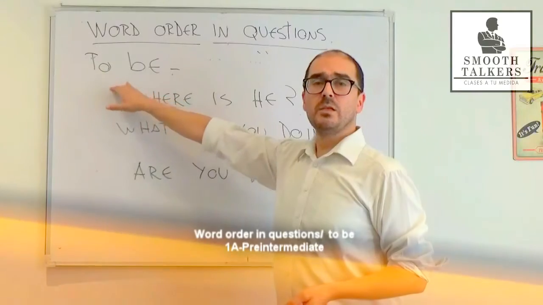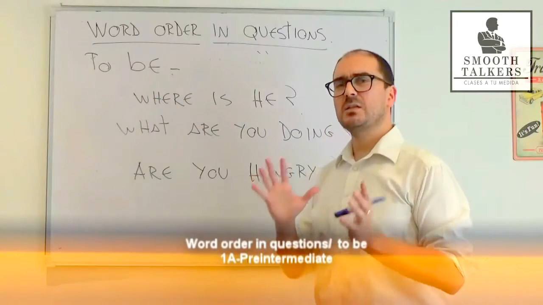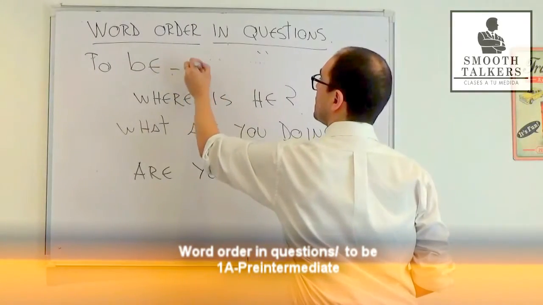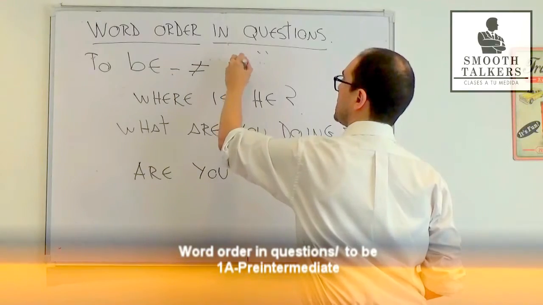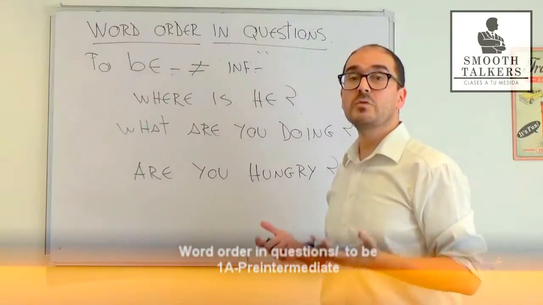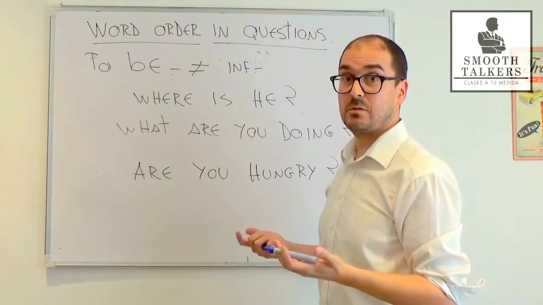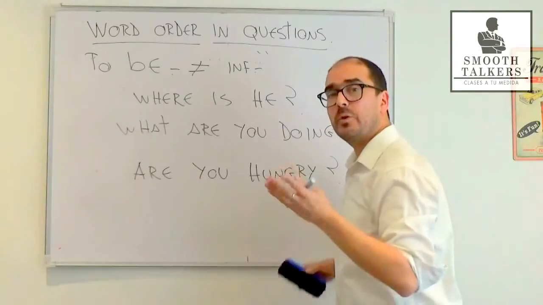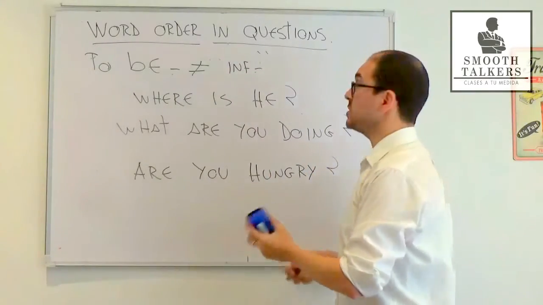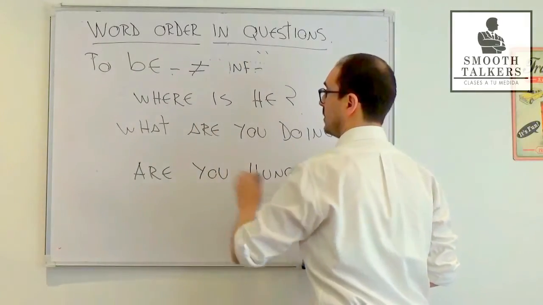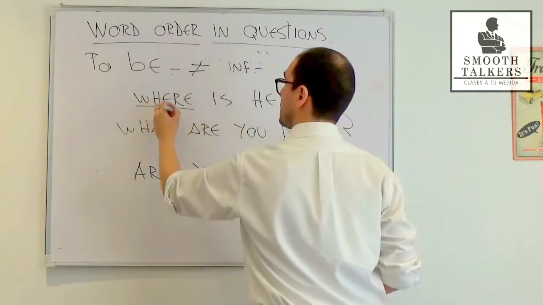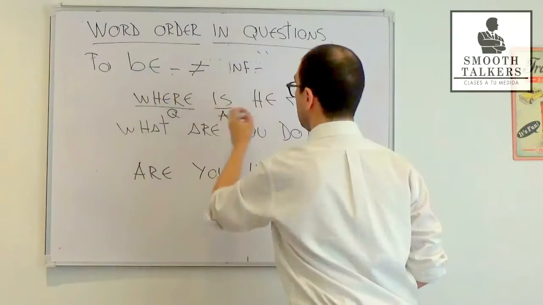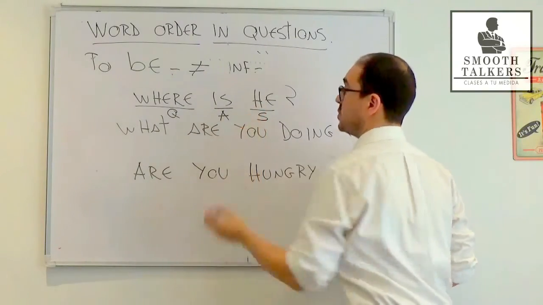When we use the verb to be, we're going to have to make a small adjustment. There is a reason for this. To be doesn't work with infinitives. To work with the verb to be, we need to use nouns, or in this case, gerunds, ings. So our formula needs a small modification: question word, auxiliary verb, the verb to be, subject.